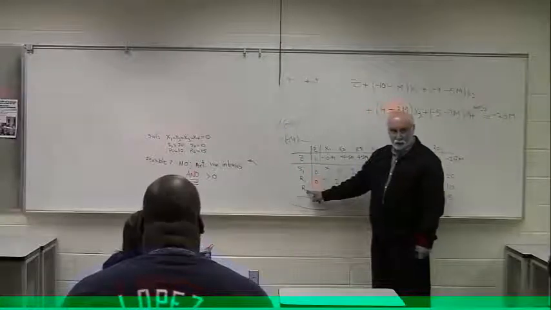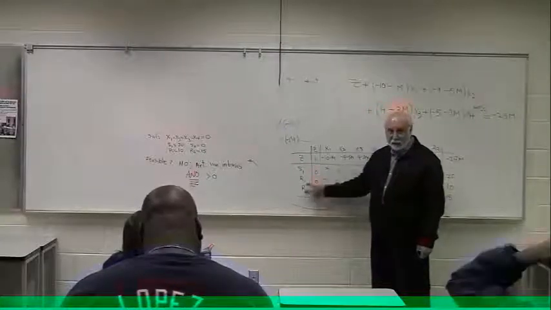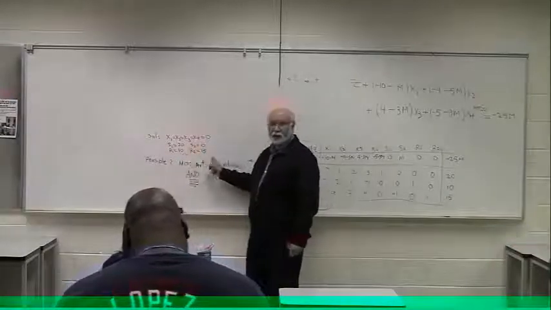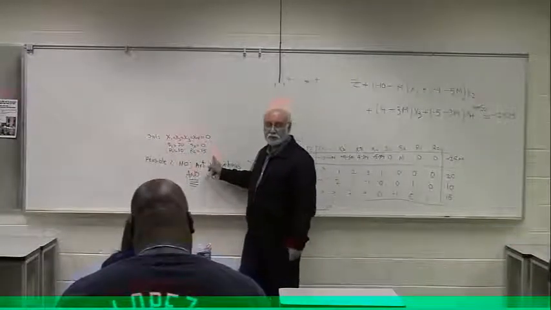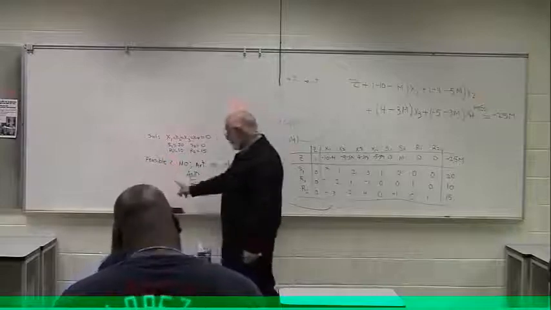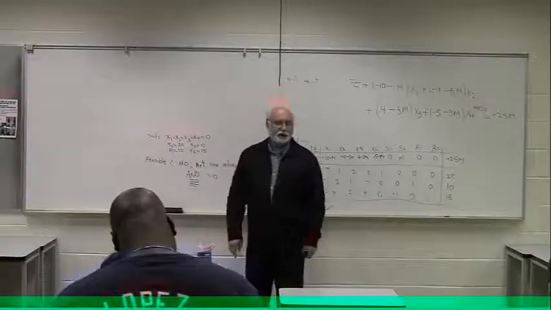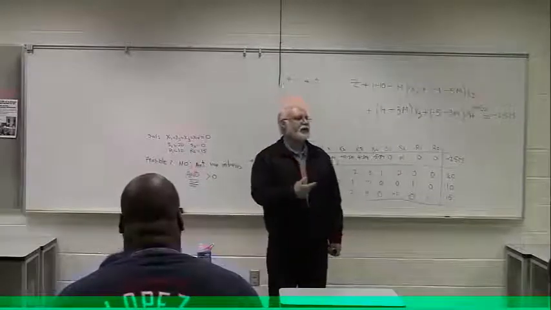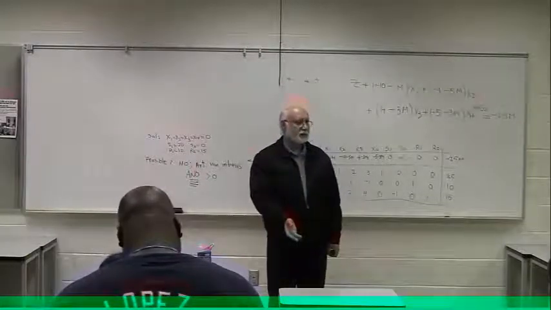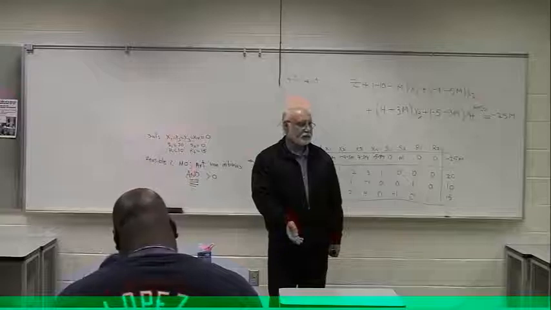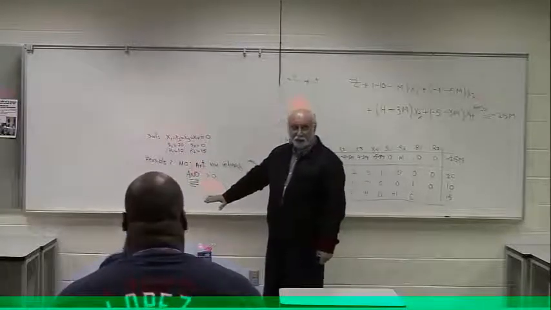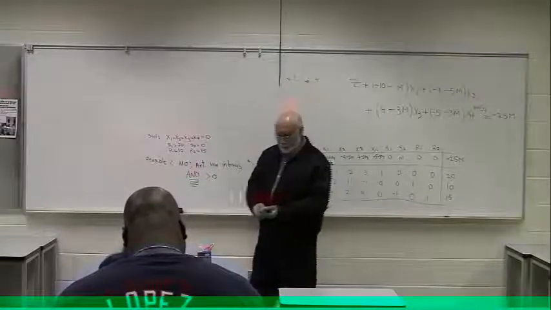R1, R2 in the basis, and their values are greater than 0. So this solution is not feasible. If a solution is not feasible, we don't even ask about optimality. But we will continue with the rest of the steps.